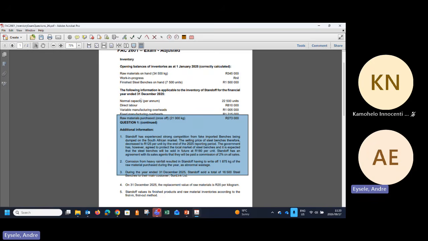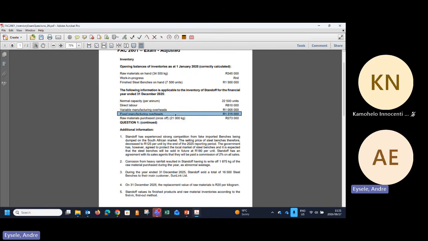Under normal capacity, we know that you can make 22,500 units in a given year. That's based on normal capacity. Now, colleagues, from the fixed manufacturing overheads, to determine the allocation rate, this is not yet the very first question, I'm just applying the theory.